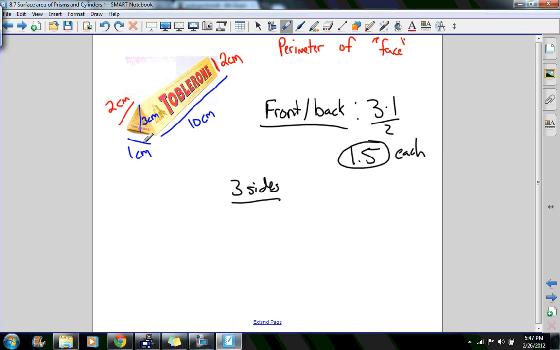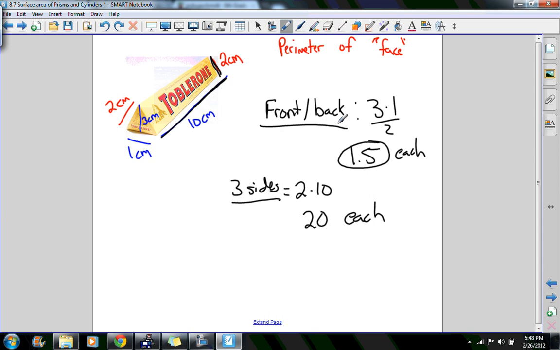Now, this is a little bit trickier. Okay, but this side here is 2. That's the height of that. And then this here is 10. And even though it doesn't look like it, it's actually a rectangle. So that means it's going to be 2 times 10, which gives us an area of 20 each.